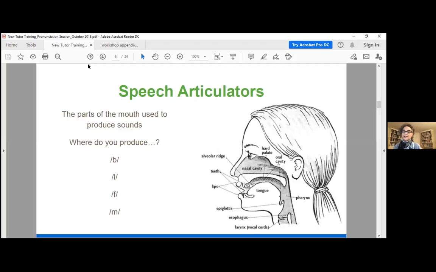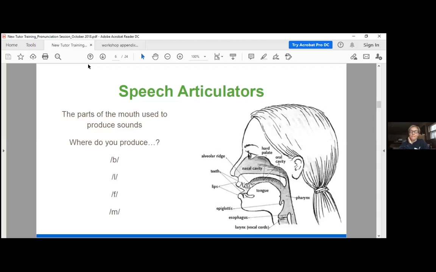The next sound is the letter L. Everybody say L and watch your mouth. L. See if you can hold it. L. What are you using there? Tongue. And where is your tongue touching? You can try it again. Teeth.